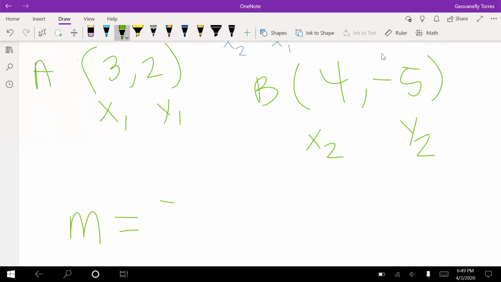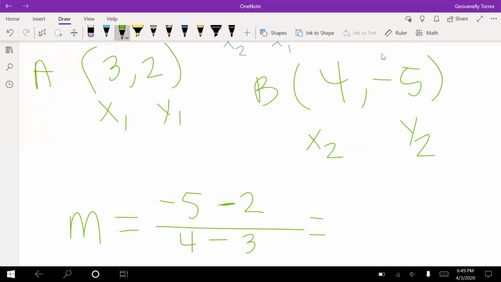So here we have -5 minus y1, and our y1 is 2, so we have 2, and this is all over x2, which is 4, minus x1, and our x1 is 3.